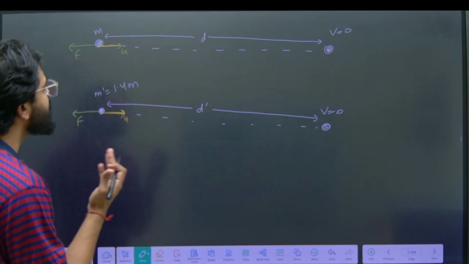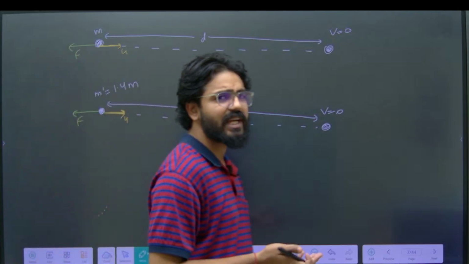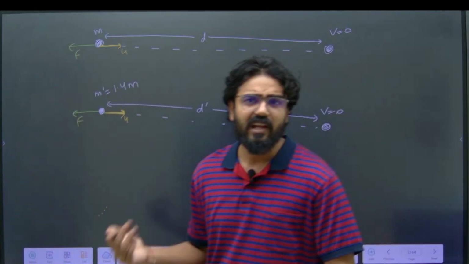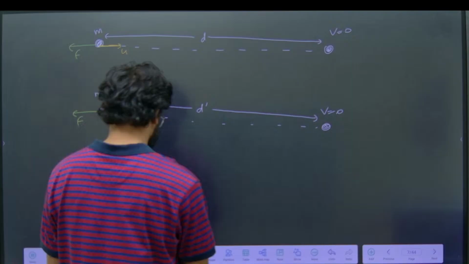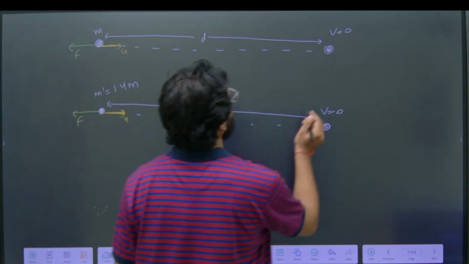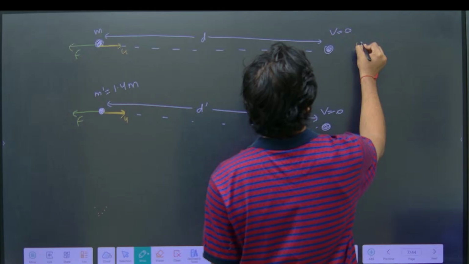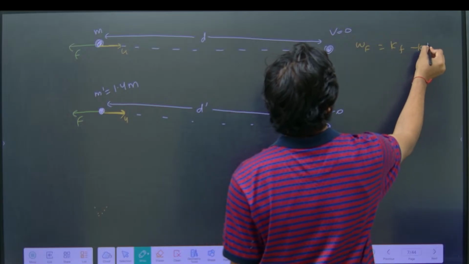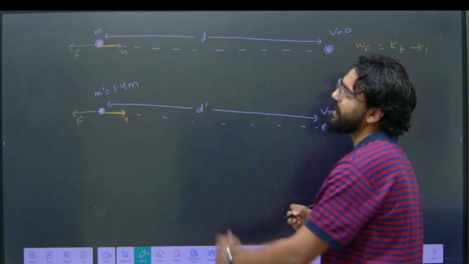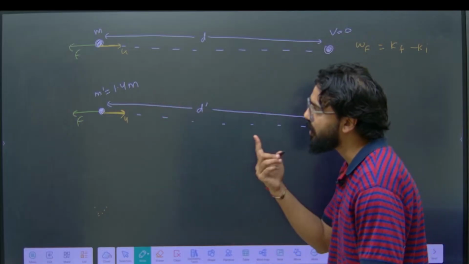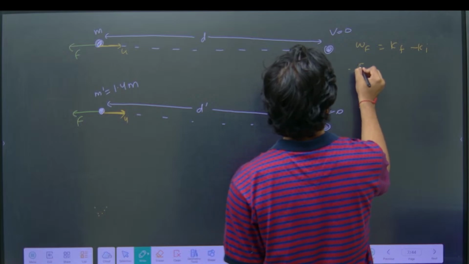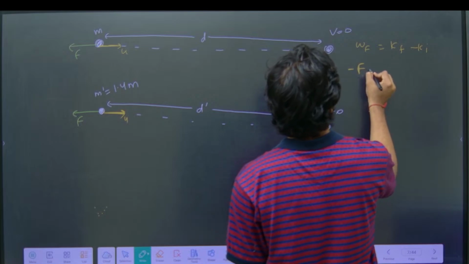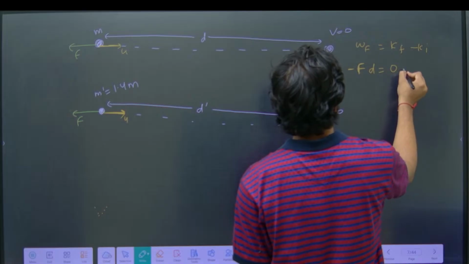Let's write down the equation for first, equation for second. Let's do it. आइए. So for the first thing we can write work done by force equals change in kinetic energy. Clearly the work done by this force F is negative. So negative F d equals final kinetic energy 0.